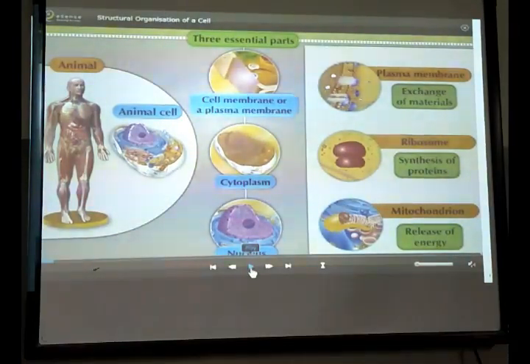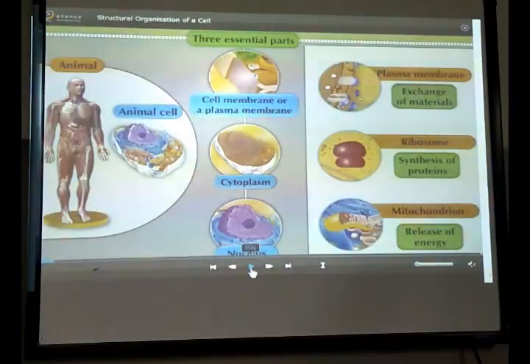Whatever we take as food, after digesting it, it is transported to different parts of our body, and in the form of nutrients, the materials are exchanged only through the cell membrane. And the ribosome has the function to synthesize proteins.